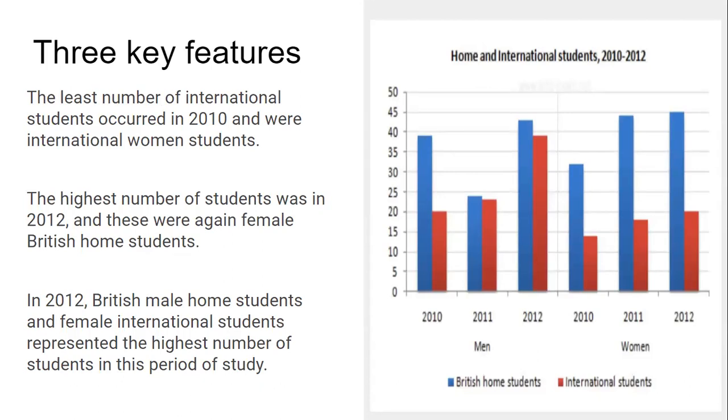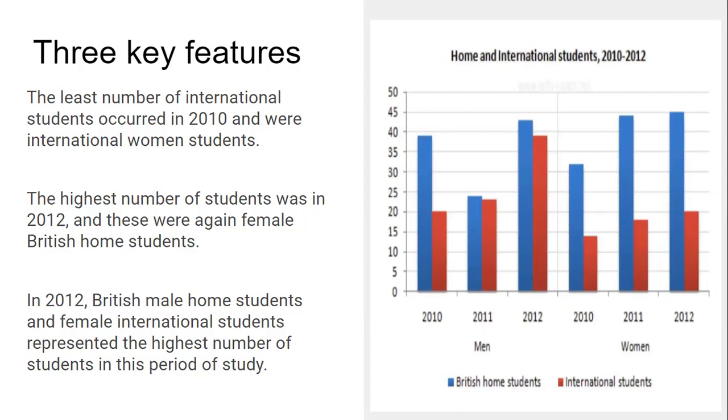And the third one, you can mention anything you feel like mentioning from the graph that is shown to you. If you see 2010, we see that the least number of international students occurred in 2010, and they were international women students. I have specified which students, that is international students, the year, that is 2010, and the gender, that is women.